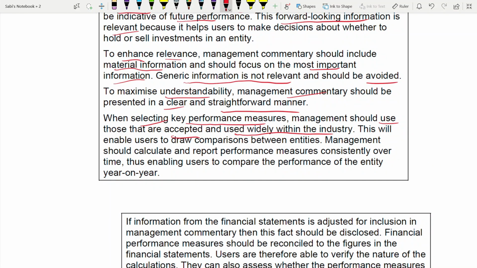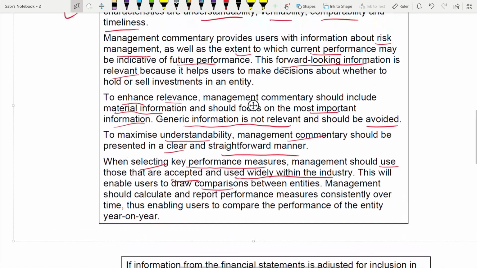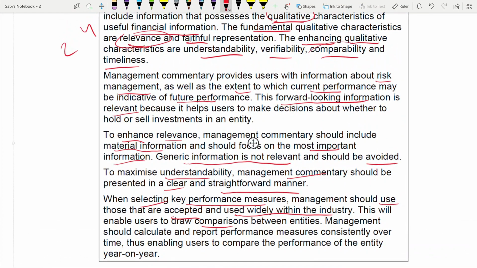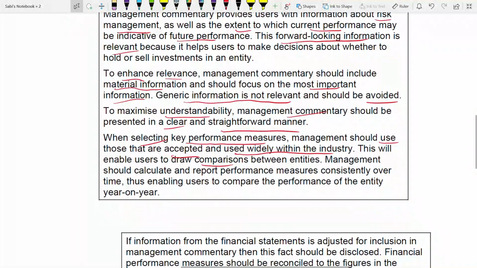Because of this you can draw comparison, because comparison is a part of this, I think. Yes, see, comparability. Understandability, already we have talked about this too. Okay, they should be able to measure it consistently also, thus enabling comparison from year to year, different years.